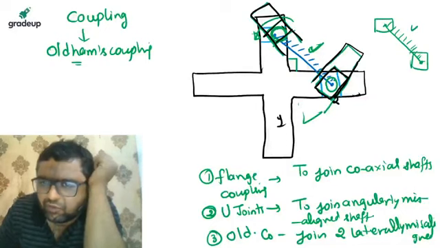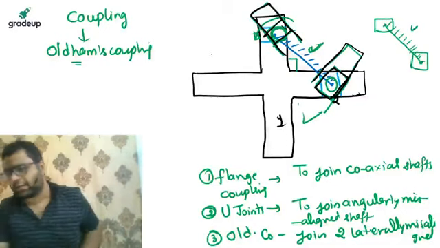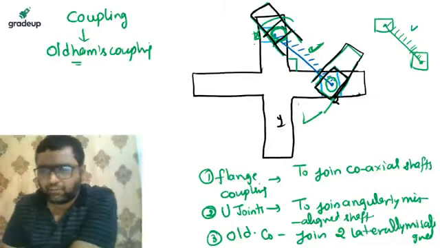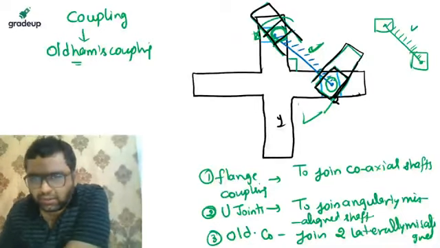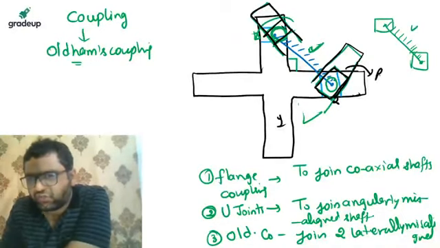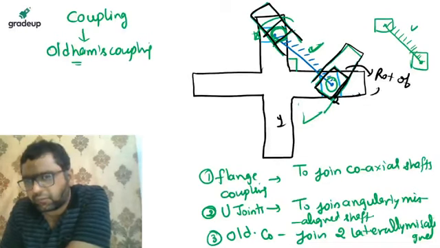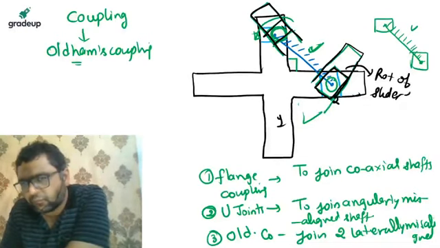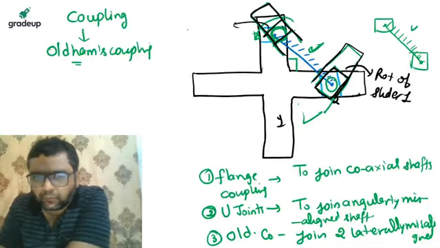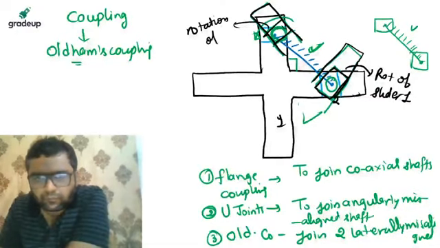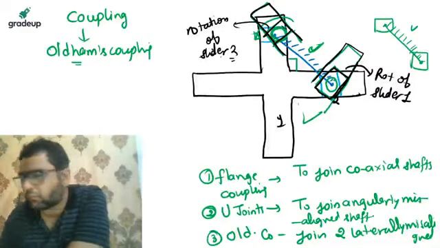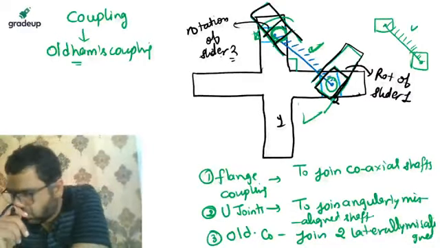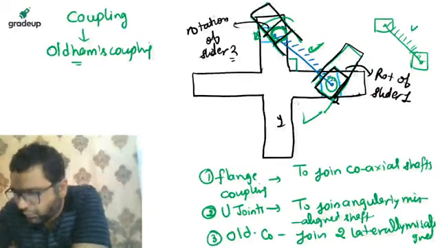So both parts of slotted plate are going to rotate, and the rotation of this slider will result in rotation of slider 2. This is how you are going to proceed.